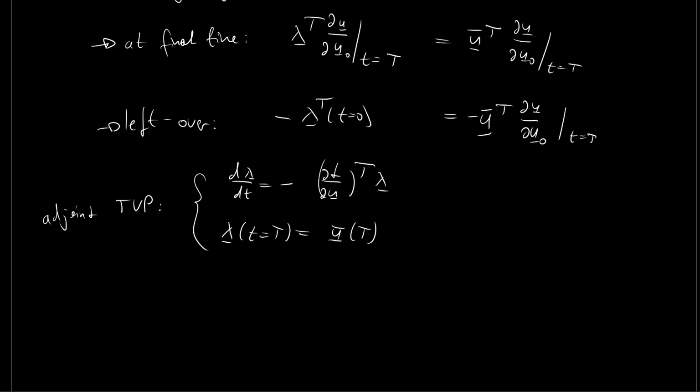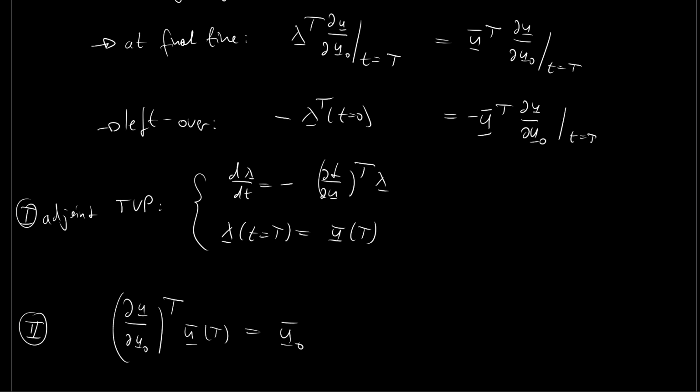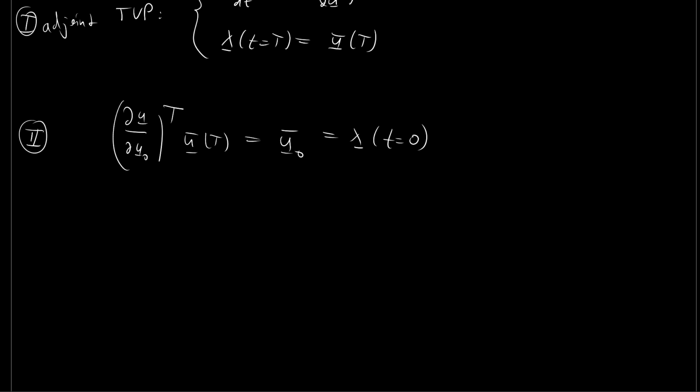And then if we call that stage 1, we have as stage 2 the evaluation, which will basically tell us, if we do the transposition, that du by du0 in brackets transpose times u bar at capital T, which essentially is the tangent contribution on the initial condition, is the variable evaluated at the first point. And let me write this down once again a little bit more verbosely, so that we get lambda of t by solving an ordinary differential equation.